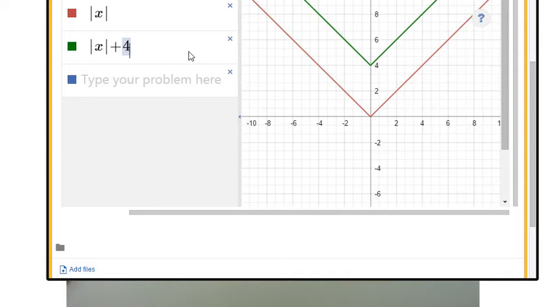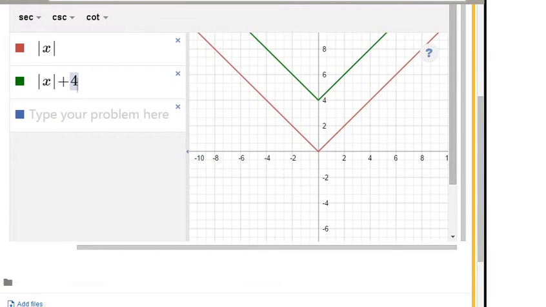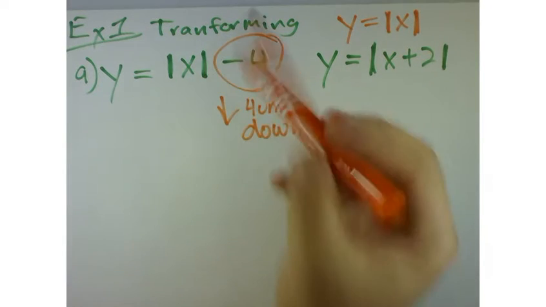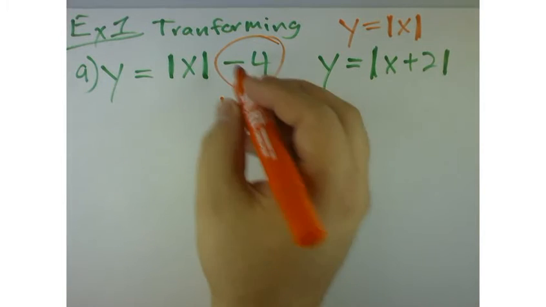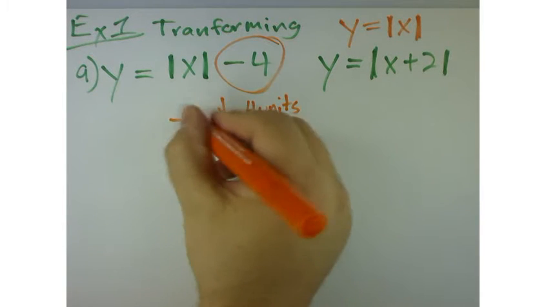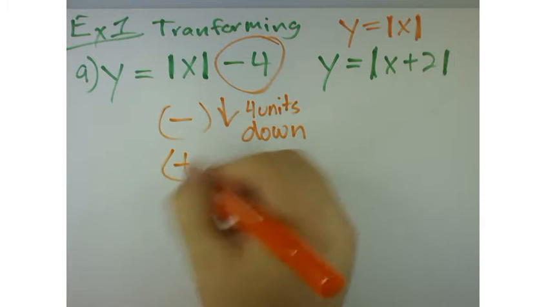The calculator was giving me a little bit of a problem there. So if I change that to a plus, what does that do to the graph? It shifts it up. So if you have this term outside of the brackets and you say plus or minus 4, the minus sign shifts it down, but if I say plus, it shifts it up.